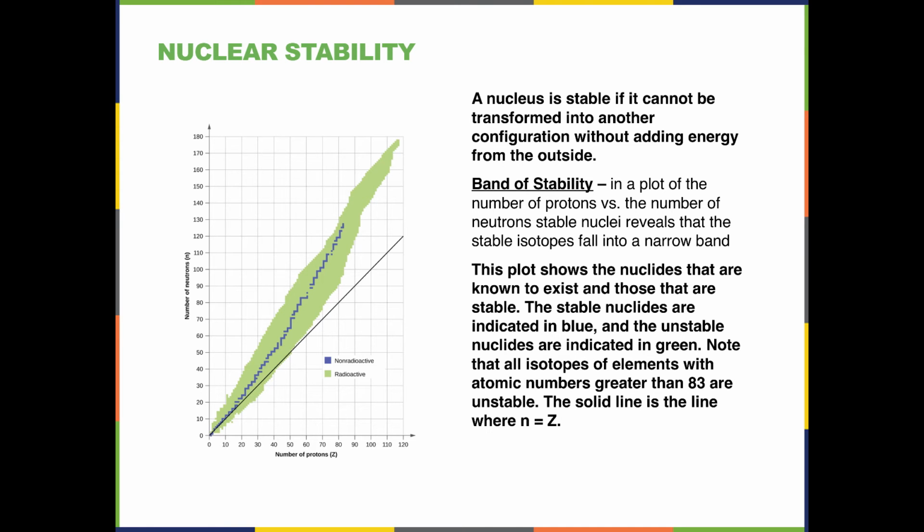So this plot shows the nuclides known to exist and those that are stable. Stable nuclides are indicated in blue and unstable ones in green. Note that all the isotopes of elements with an atomic number greater than 83 are unstable. The solid line is where the slope is 1, that is when N, the number of neutrons, is equal to Z, the number of protons.